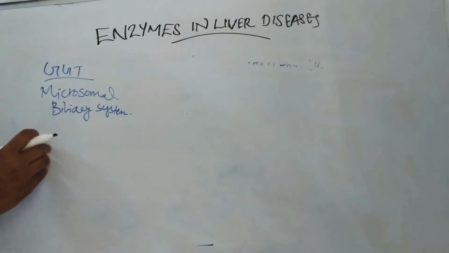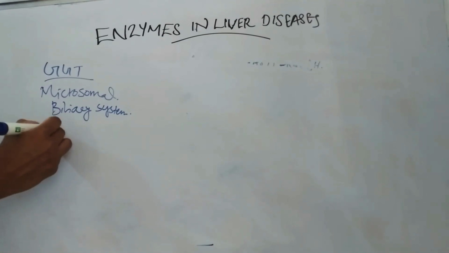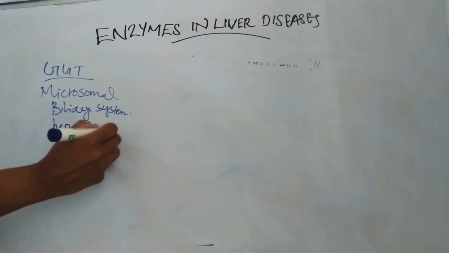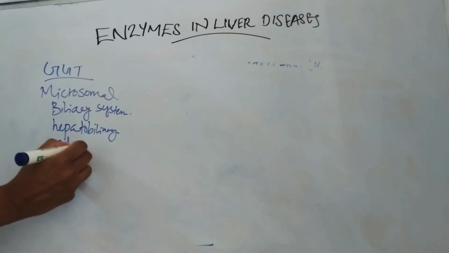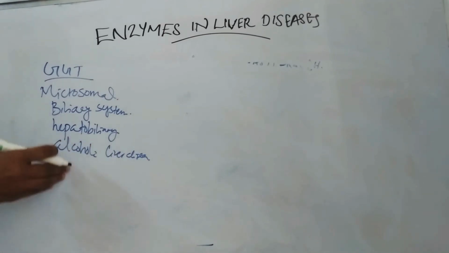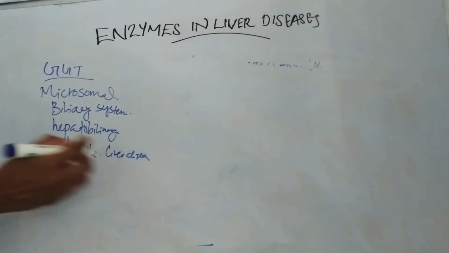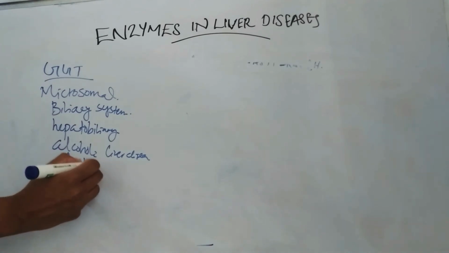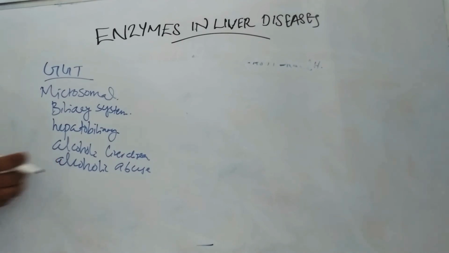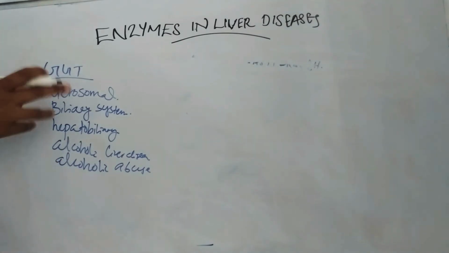Its level will increase in hepatobiliary disease and in alcoholic liver disease. It is mainly used in screening of alcohol abuse. So that is GGT.